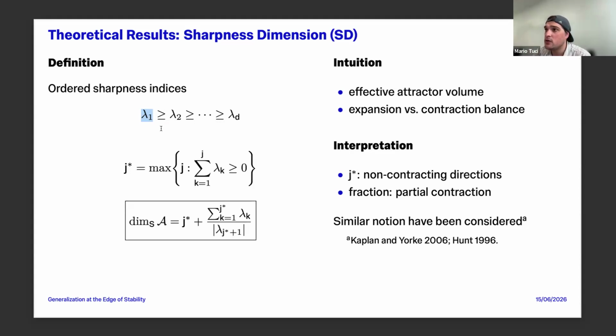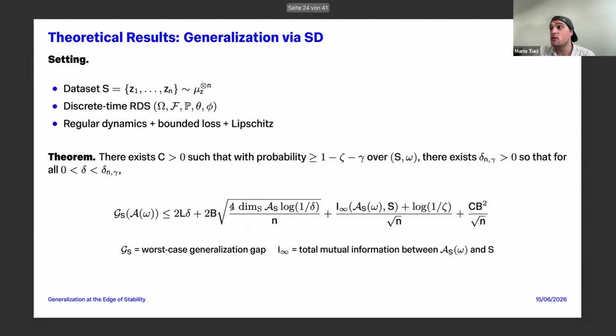So we really know that this dimension has to be smaller than the ambient dimension. This quantity is then provably lower than the ambient dimension, and that is interesting because it explains why generalization might not be determined by the parameter count. It's determined by an intrinsic dimension, and especially when we observe edge of stability, as we do for neural networks, this quantity is small.